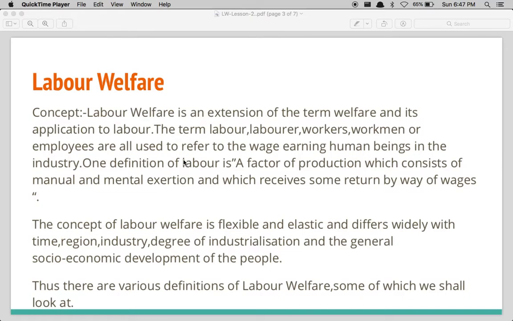There are various definitions of labor welfare, and we shall discuss some of them.